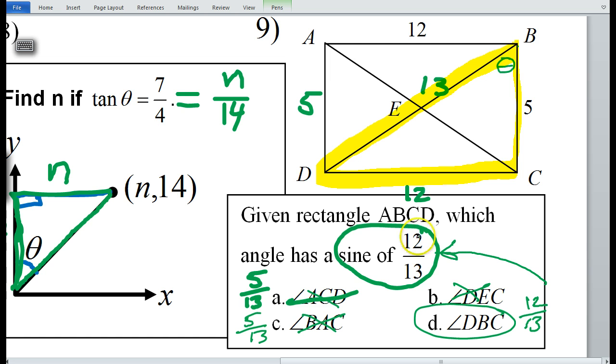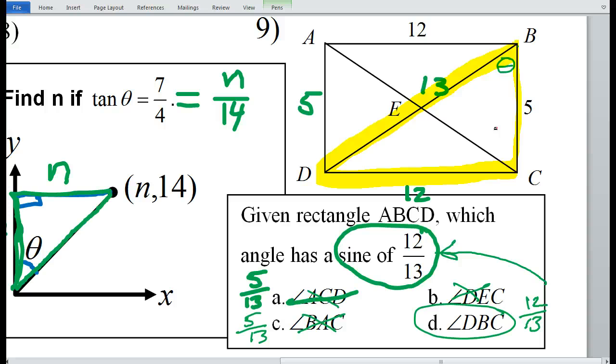Do you understand that angle DBC is this angle up here in the corner? Now, look at this picture. Can you tell me what the sine of that angle would be? Okay, you see that that matches what we were looking for. Therefore, that one's the answer.